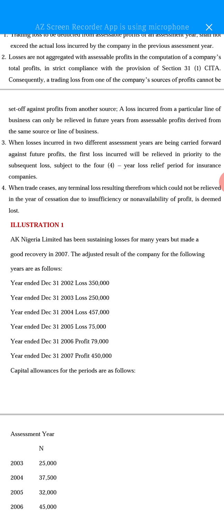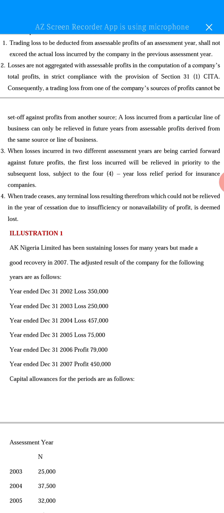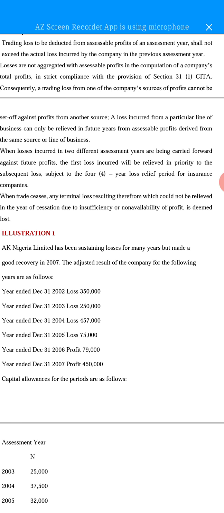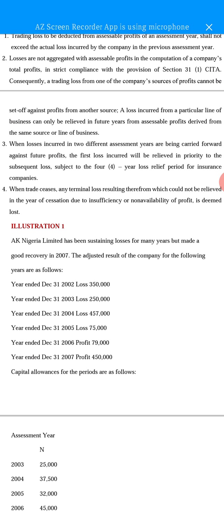That is to say, when a company incurs a loss in two different assessment years, we are told that the losses will be relieved in the order they were incurred.